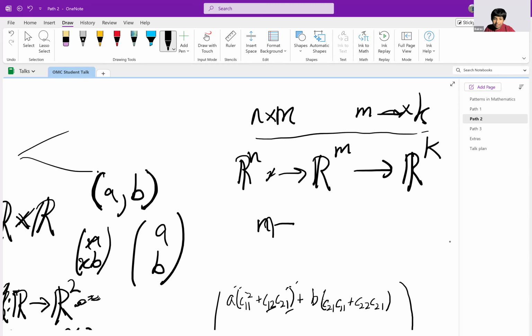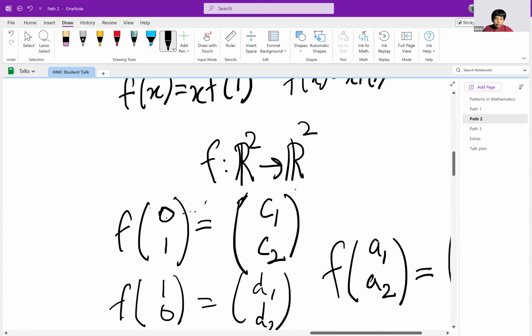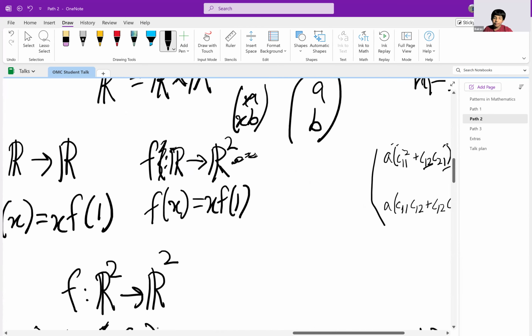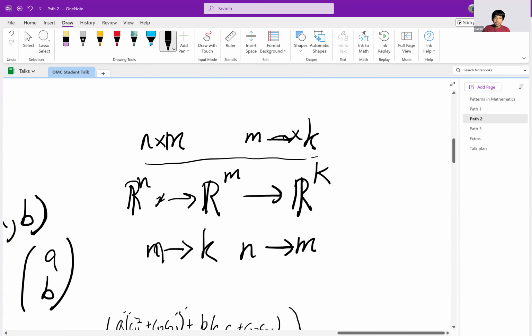Whereas the other way we get m to k, then n to m, which does not always need to make sense. But if we use these usual basis vectors, then we can turn a linear transformation into a matrix, which is effectively how we get the matrix multiplication. I see. Yeah, that looks cool.